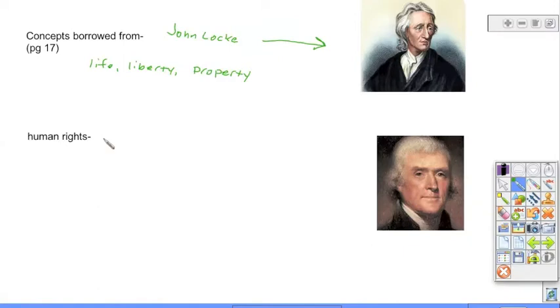But both identify them as natural rights every person is born with. And of course, Jefferson said life, liberty, and the pursuit of happiness, and Locke said property, but they're the same general ideas. It's not to say Locke didn't, or Jefferson did not believe in property rights. It's just, he kind of edited it a little bit.